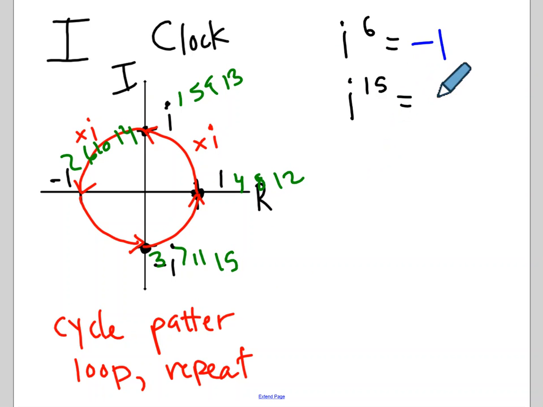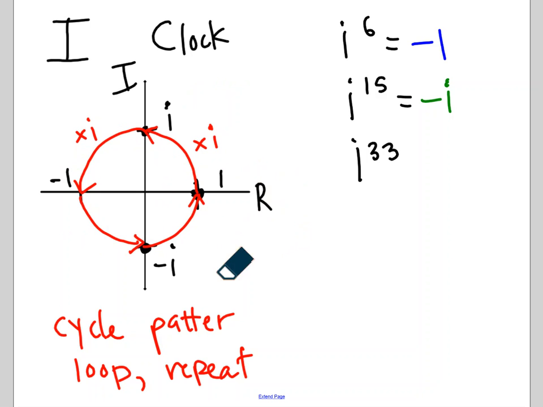I to the 15 is equal to -I. And I could keep going in this pattern. I to the 33rd. And you're like, gosh, counting to 33 sounds a little bit obnoxious, and it is.